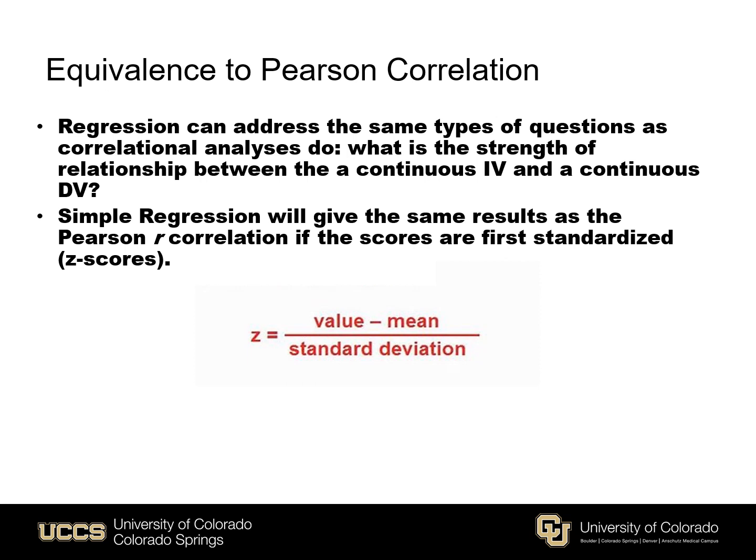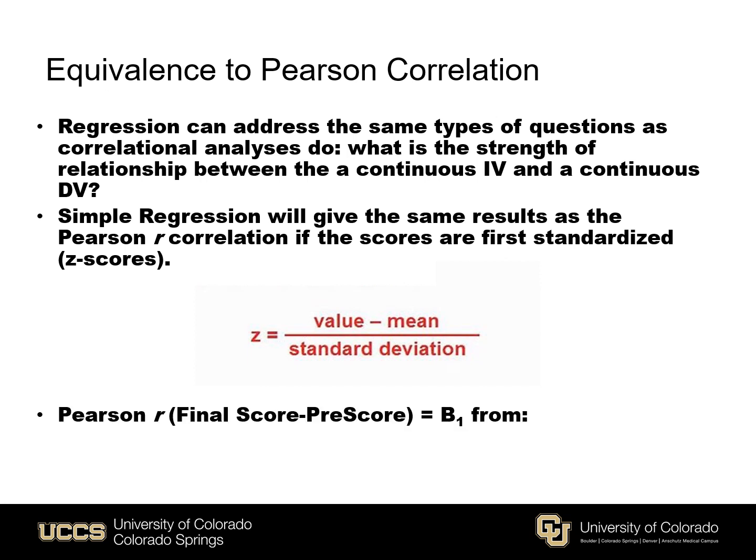Recall that to get a z-score equivalent of a raw score, you take the raw value, you subtract from it the mean of those values, and then you divide that difference by the standard deviation of those values.